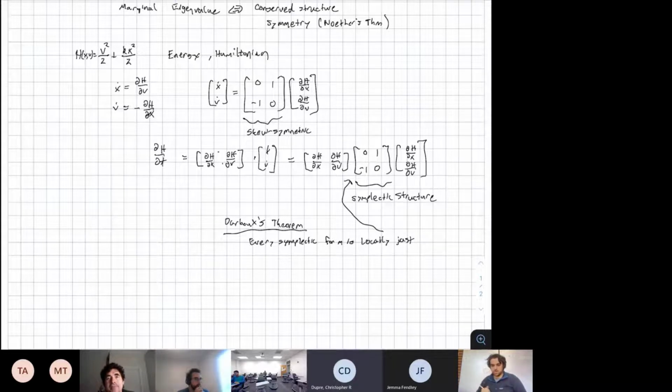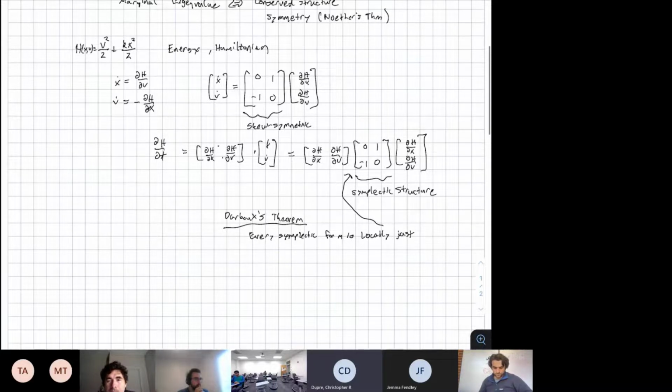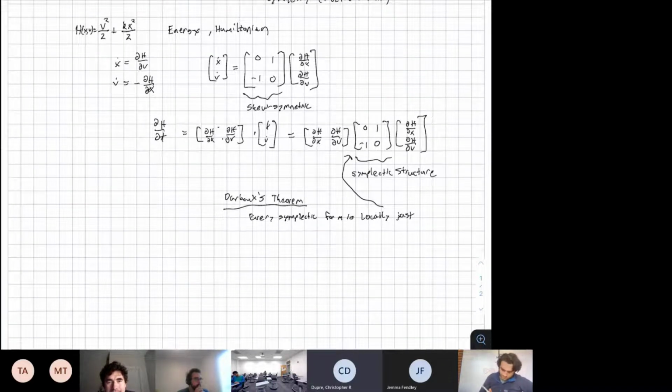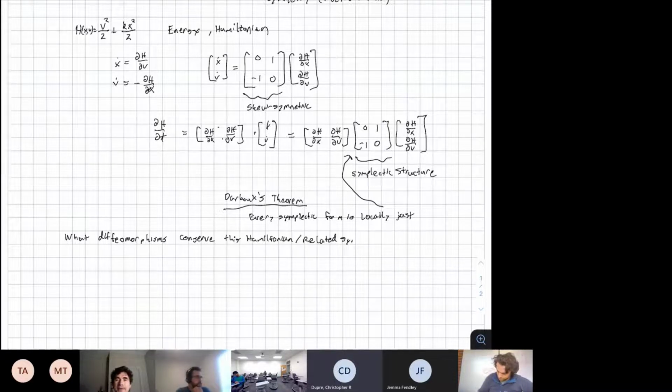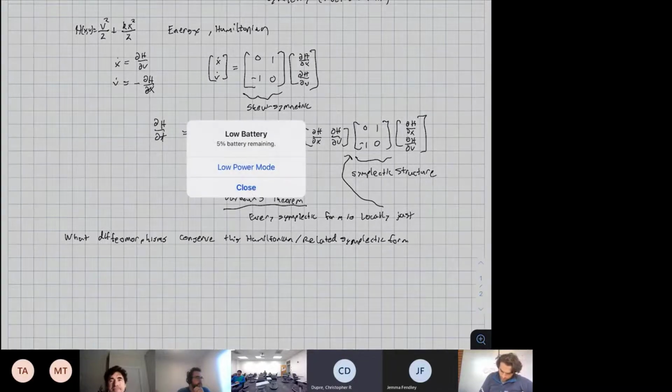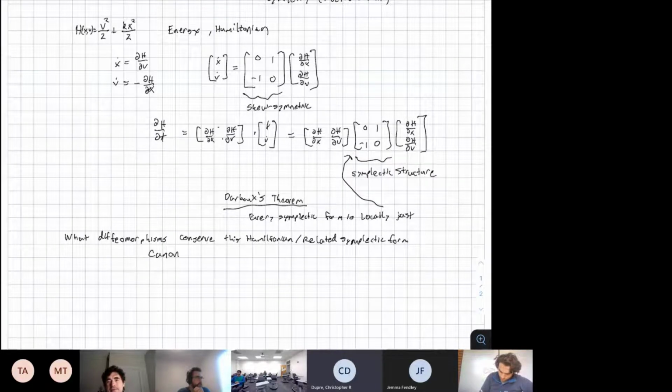As you go up in dimensions, one gets replaced by the identity matrix, but it's all the same thing. And then we can consider special things. So if we consider what diffeomorphisms can conserve this Hamiltonian and its related structure, the symplectic form, we get the class of canonical transformations.